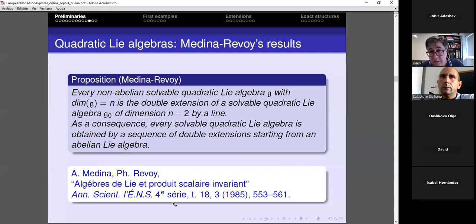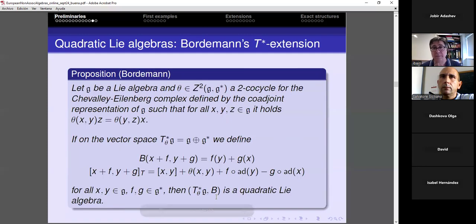Okay, besides this, there's another construction which we will use, and it is Bordemann's T-star extension. T-star extension is another way to construct the algebras, which was proposed by Martin Bordemann, and based a little bit on the construction which was very well known in geometry, which was the cotangent algebra of a Lie algebra.